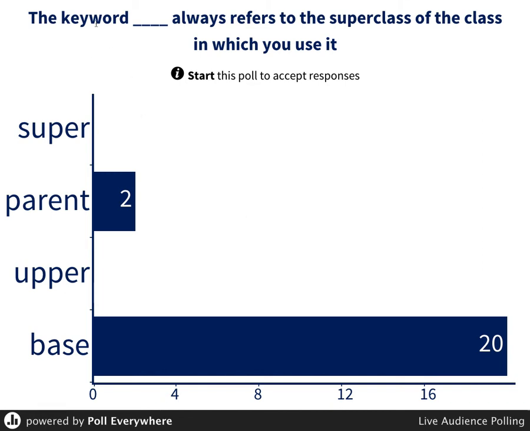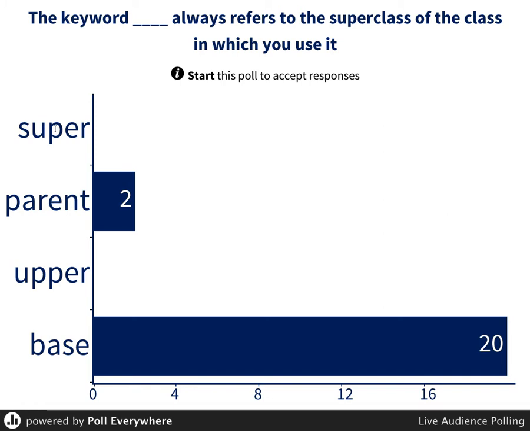I might describe a parent class or a superclass, but I can't use super or parent as a keyword in C#. It's only base that I can use. I can describe object-oriented programming concepts using super and parent, but I can't use super or parent in C#.